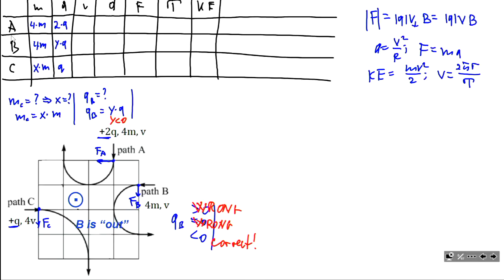All right, what do we know about velocities? They're all given. V, and C travels 4 times faster. Now this is the acceleration. Well, acceleration, V squared over r has to be written 3 times for particle A, for particle B, for particle C. So of course, how do we write it for particle A?